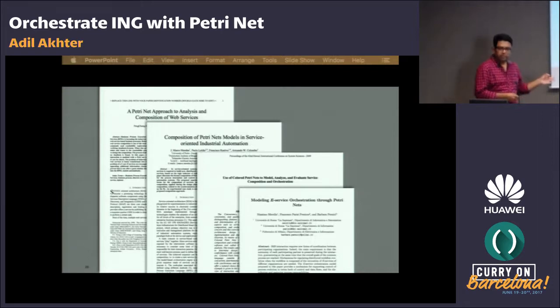That's why they have been used to model and analyze processes in different domains. For instance, it has been used in modeling protocols, modeling manufacturing tools, and also in business processes. As you can see, there are several papers also pointing out the fact that it can be used effectively in composing services and for coordination and integration of different services together.